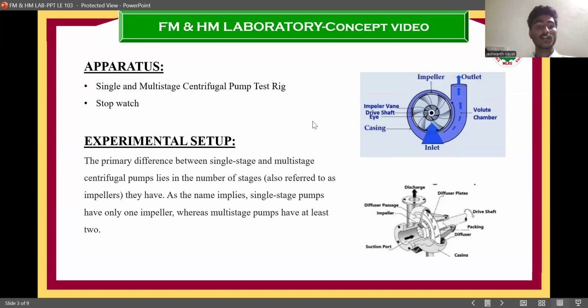What is the setup of the centrifugal pump?